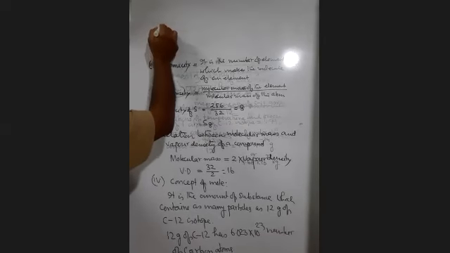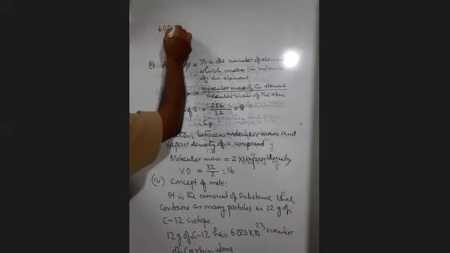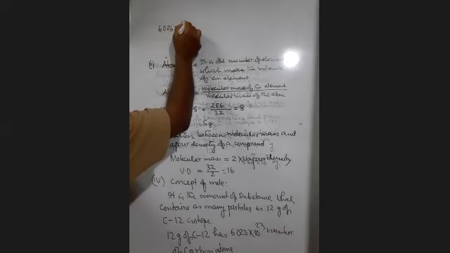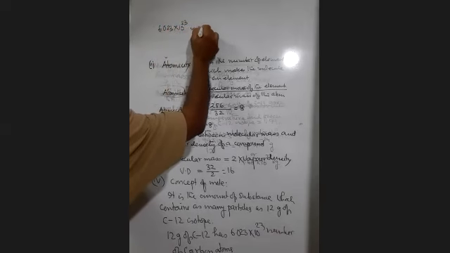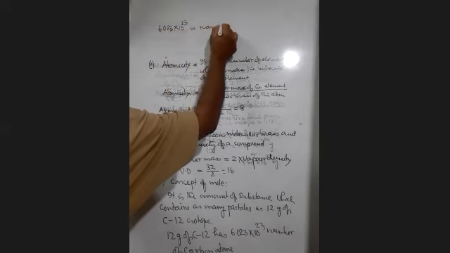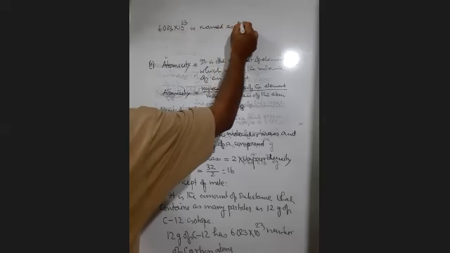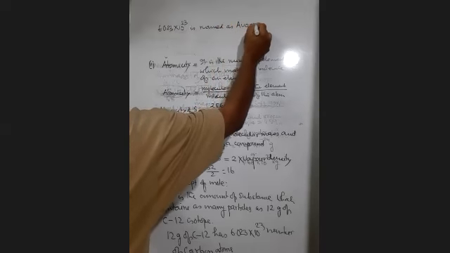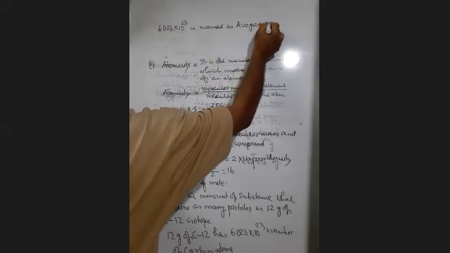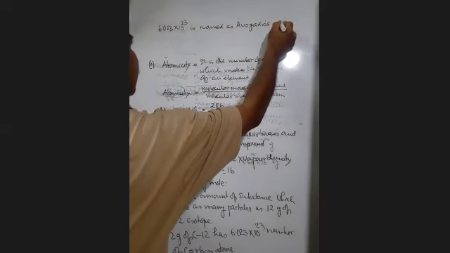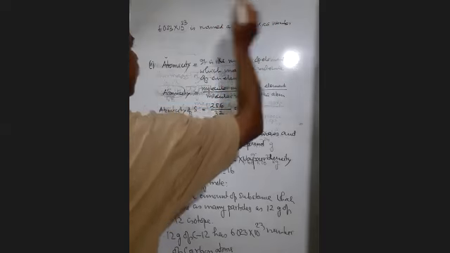Okay, you'll find that 6.023 into 10 to the power 23 is named as Avogadro's number.